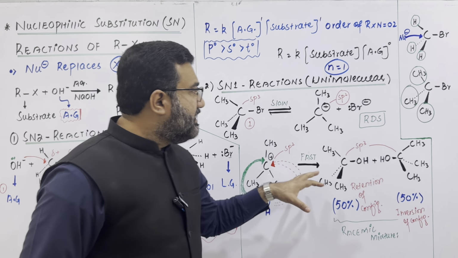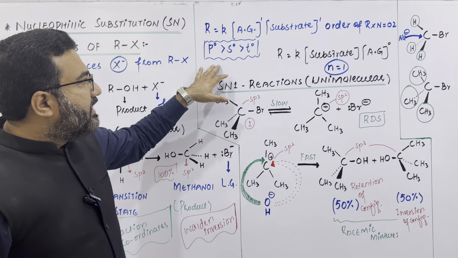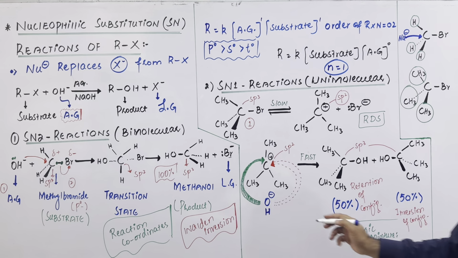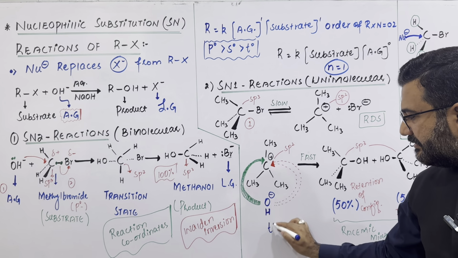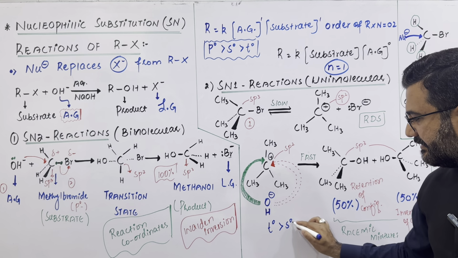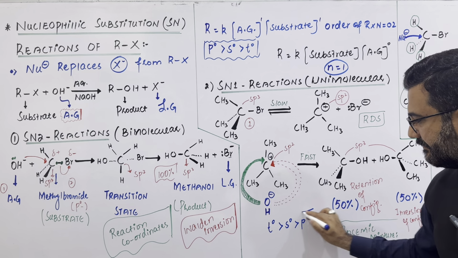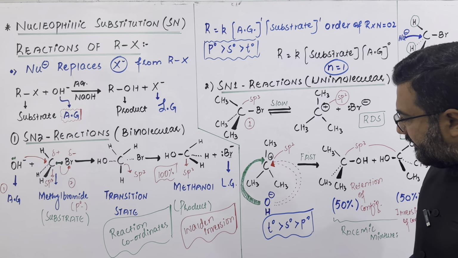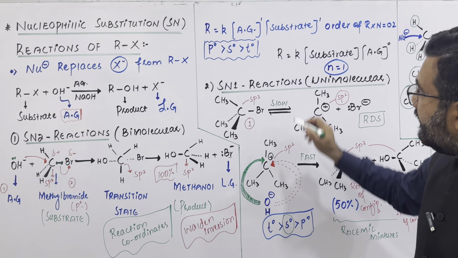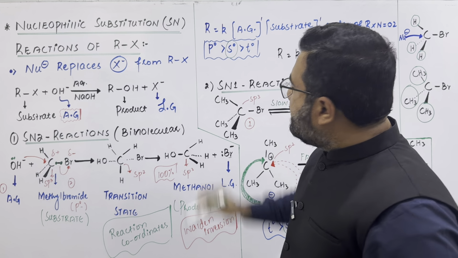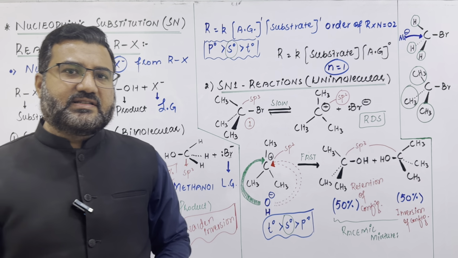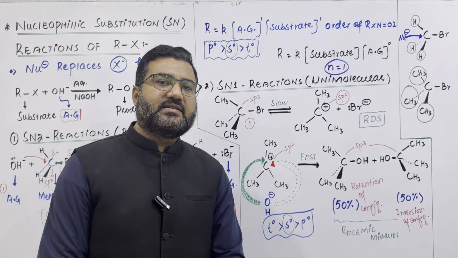Now, my dear students, all alkyl halides show SN1 reactions, but SN1 reactions are most favorable with tertiary alkyl halides, then secondary, and then primary. You can see that secondary is in the middle in both cases. It means secondary alkyl halides have equal chances to show SN1 and SN2 reactions.